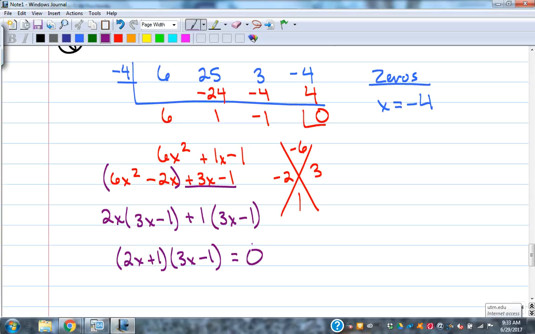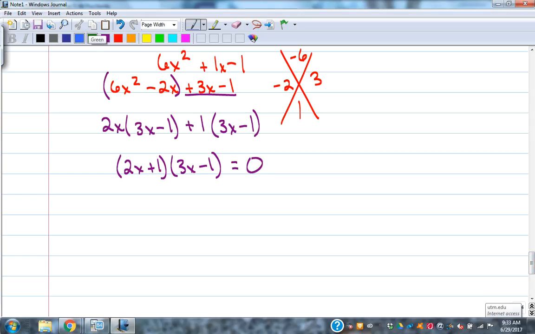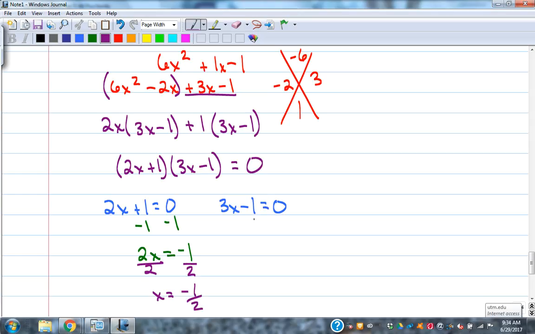If I'm trying to find the zeros, I set those equal to 0. That's what it means to be a 0. So I set 2x plus 1 equal to 0 and 3x minus 1 equal to 0 and solved them. Subtract 1, divide by 2. X is equal to -1/2. And then this one over here, I'm going to add 1.